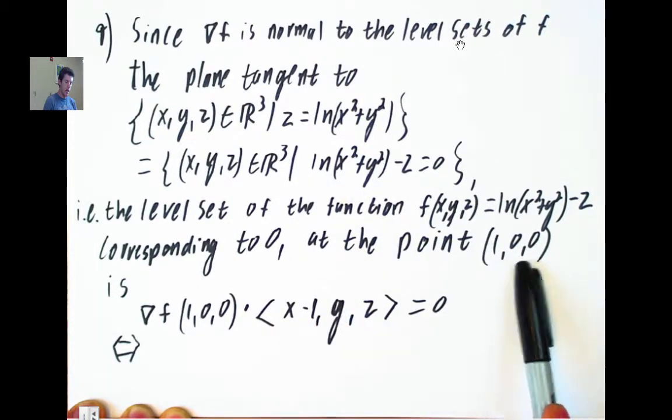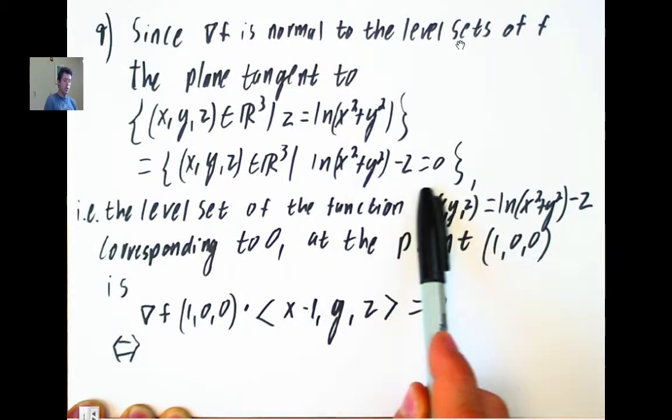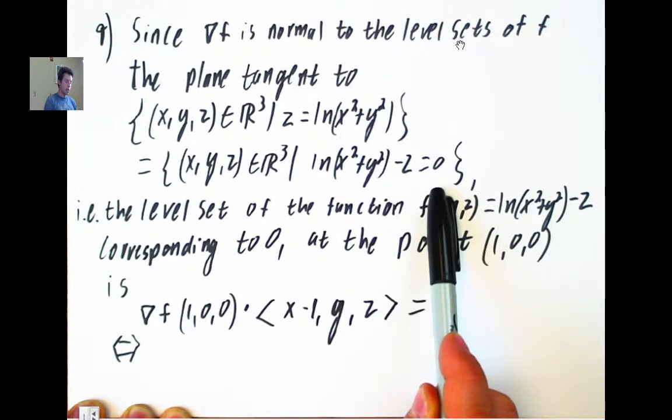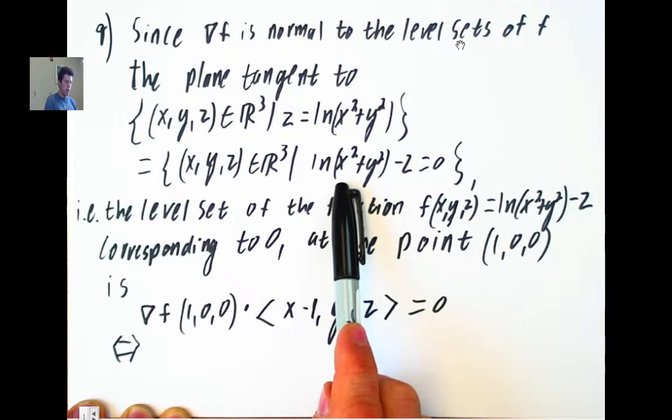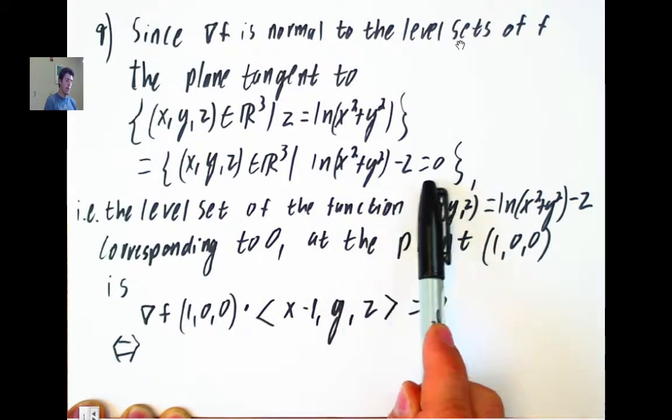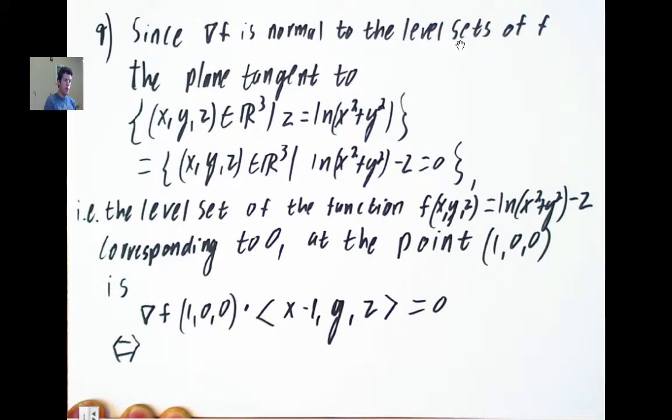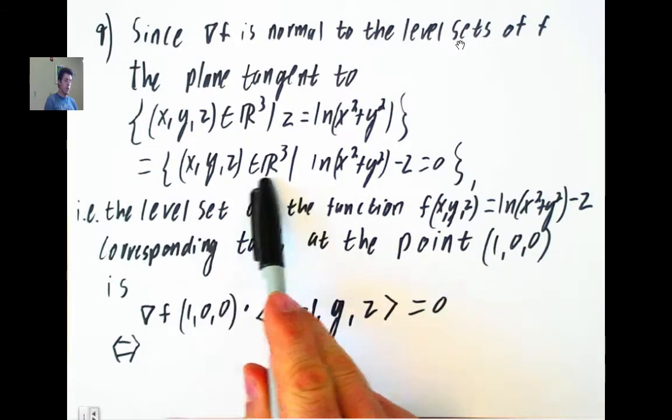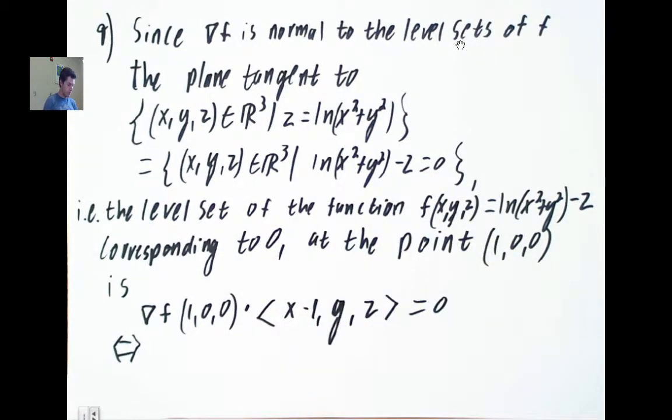Let's take a look at what happens if we substitute 1, 0, 0 into this expression. Do we get a true statement? Natural log of 1 squared plus 0 squared minus 0 is equal to 0. Natural log of 1 is 0. Indeed, this works. Okay. So that point is in this level set of that function.